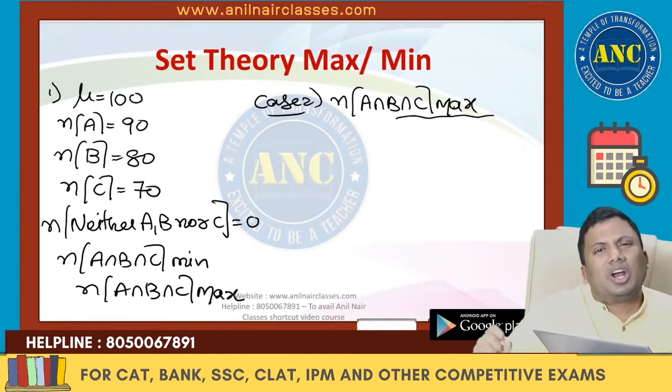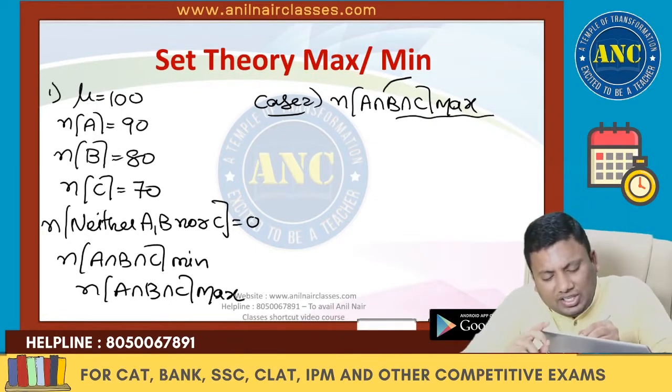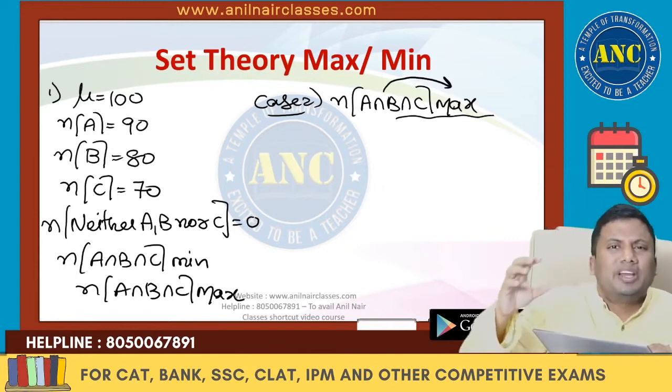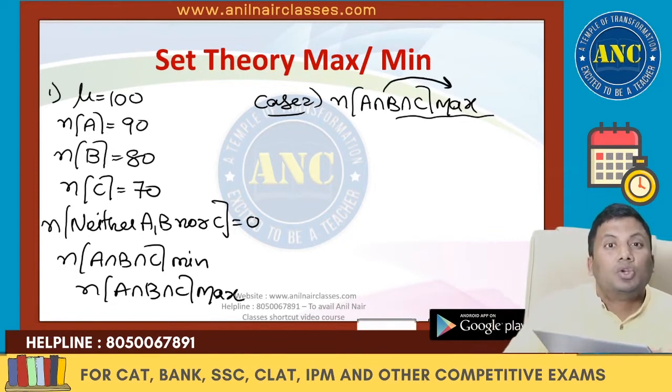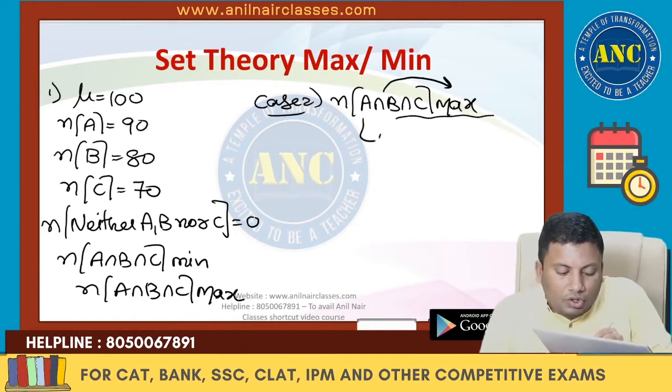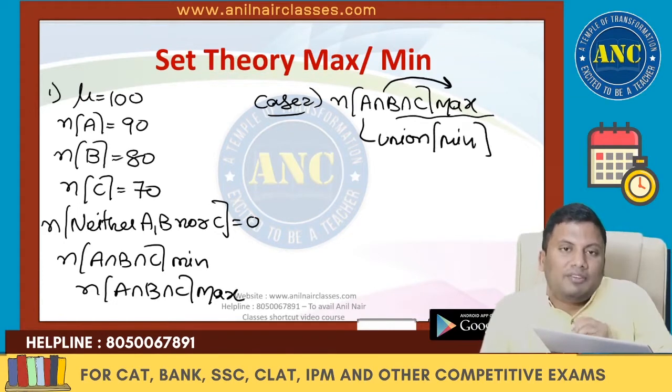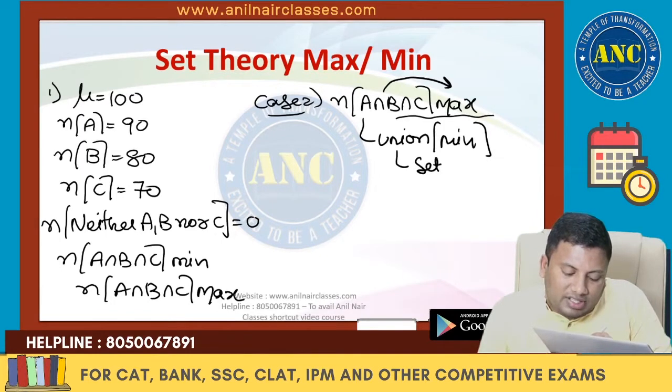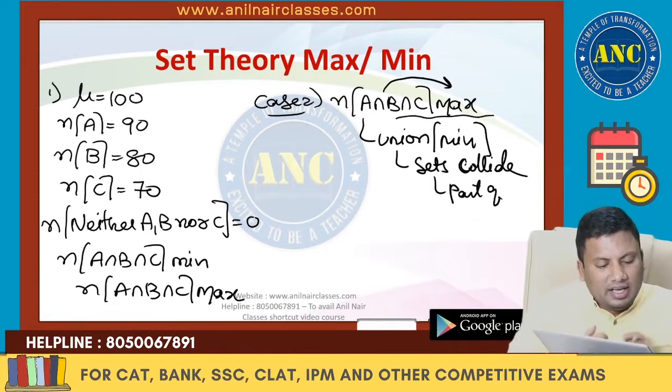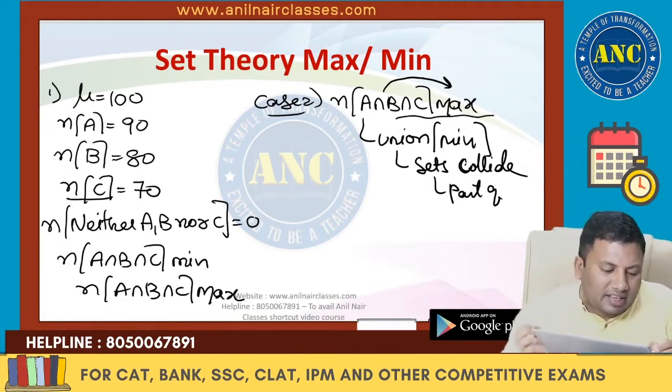Think logically. Intersection is maximum. When the intersection is maximum, union should be minimum. The union will be minimum when the sets collide, or one set is a part of another set. Suppose N of C is 70.